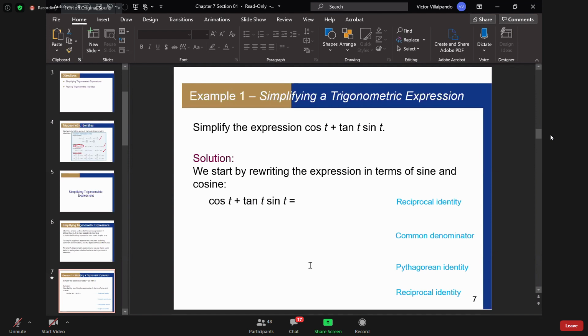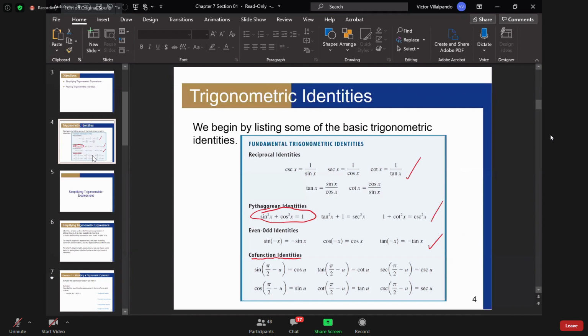That's usually the big hint, and you're going to want to use the reciprocal identity. So what is the reciprocal identity for tangent? Which one do you think I can use from the first check mark? What is tangent going to equal if we use the reciprocal identity?